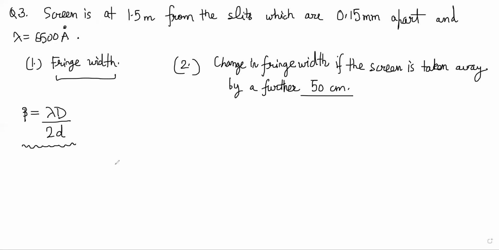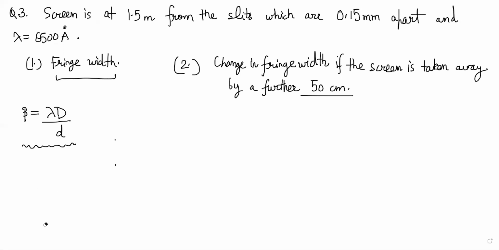Fringe width is the separation between consecutive bright fringes, right? Wait, fringe width, am I saying the correct thing or am I making a mistake? Oh, it is not 2D, it is single D only, right?